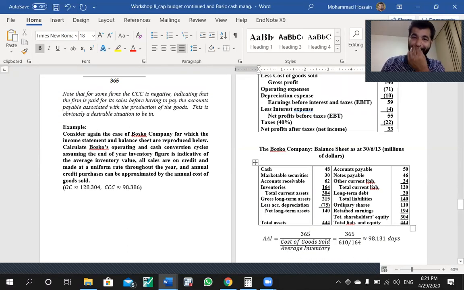What you need to do is calculate the Bosco operating cycle and cash conversion cycle, OC and CCC, assuming the end of year inventory figure is indicative of the average inventory value. All sales are on credit and made at a uniform rate throughout the year.